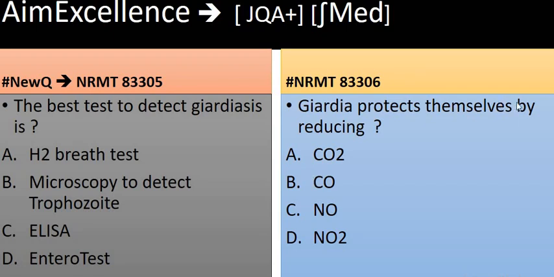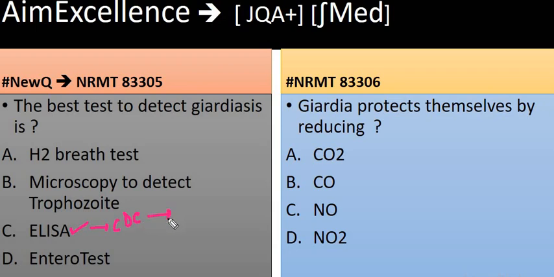Now here the answer is going to be ELISA. It is more sensitive; according to the CDC, it has 90% sensitivity.